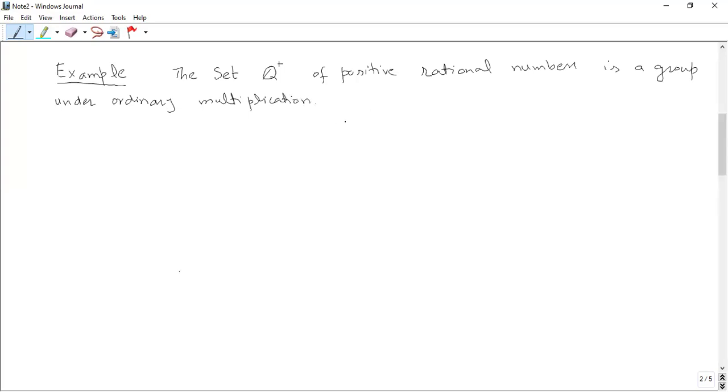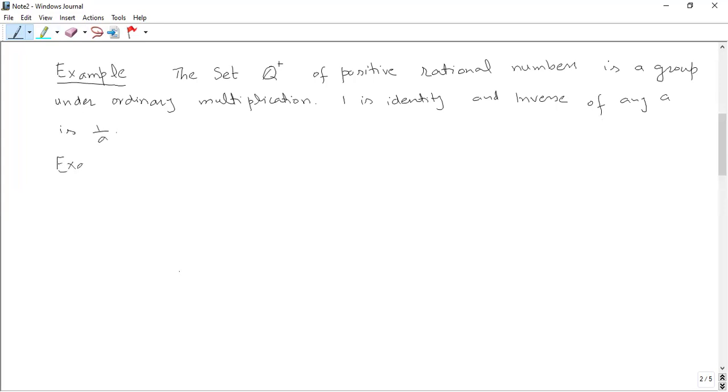Here 1 is the identity and the inverse of any a is 1 over a.